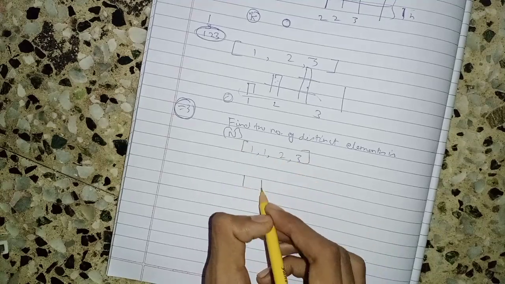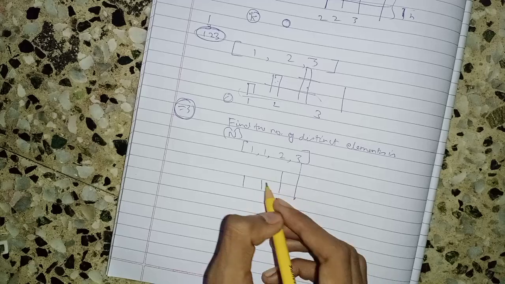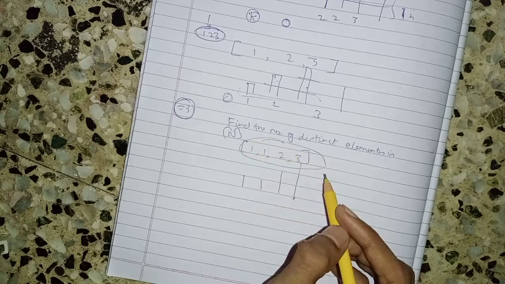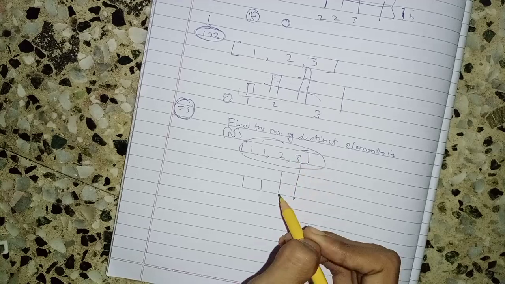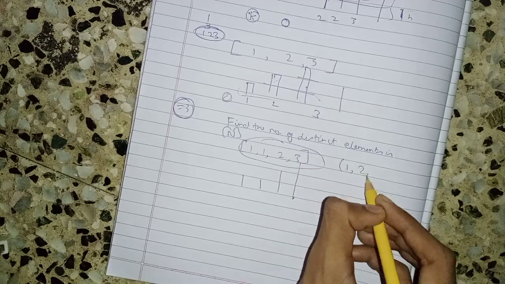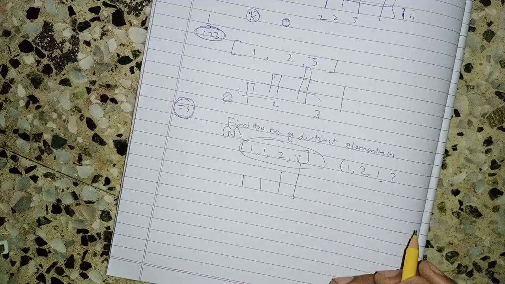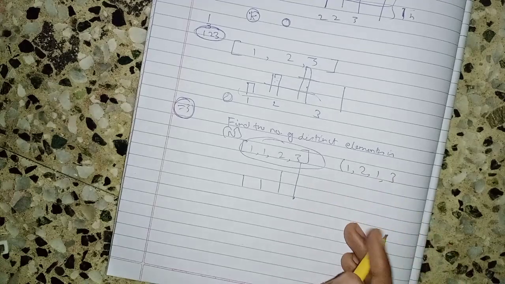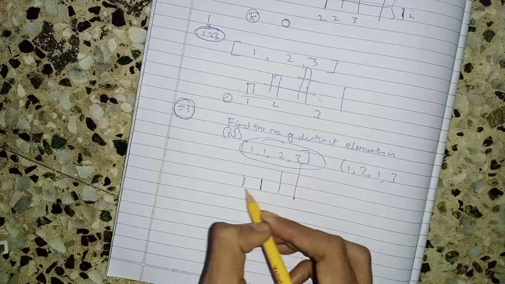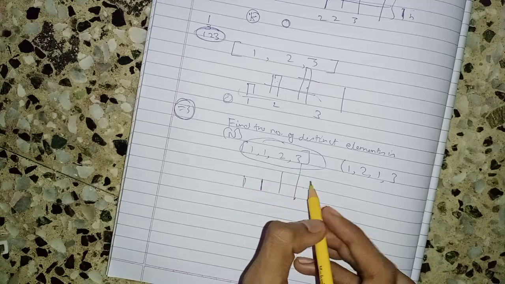For example, if my array is 1, 1, 2, 3, the diagram of the sticks will be something like this. I am using a sorted array, but it is not necessary that they will give you a sorted array. It can also be like 1, 2, 1, 3. So it's 1 1 2 3.